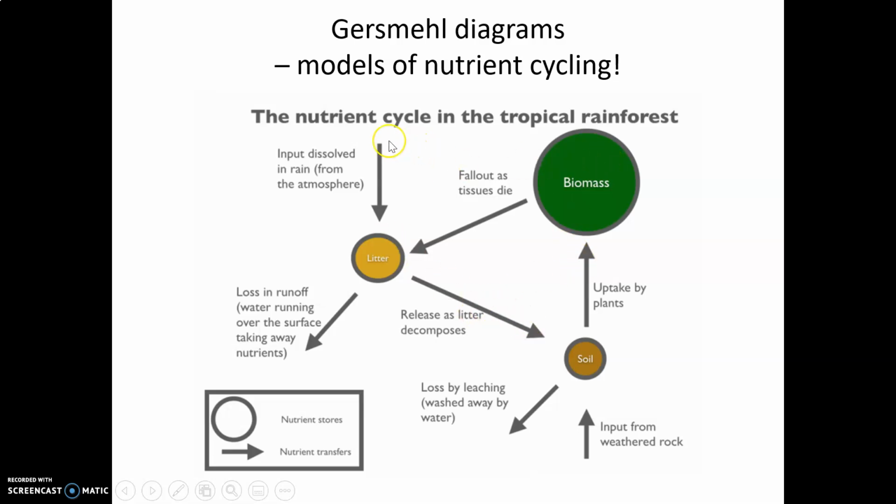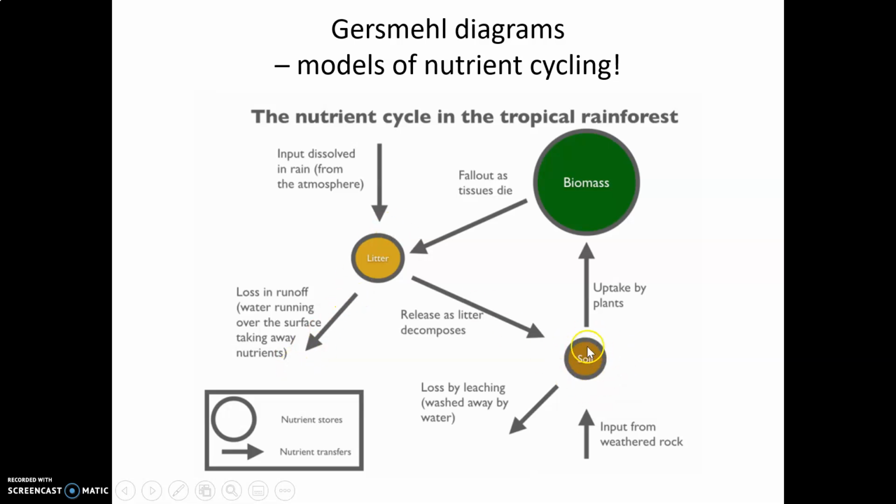So that's what these arrows show. We also have some arrows coming in sort of from the outside. So we could have an input into the litter in the form of molecules that comes in with the rain. We could also have some of these nutrients in the litter lost in the form of runoff. So nutrients would be taken away from that area.